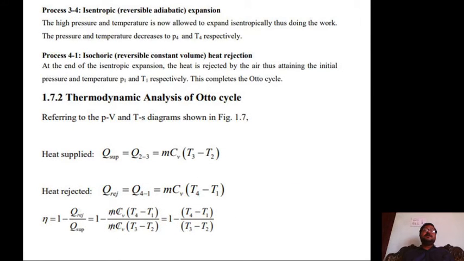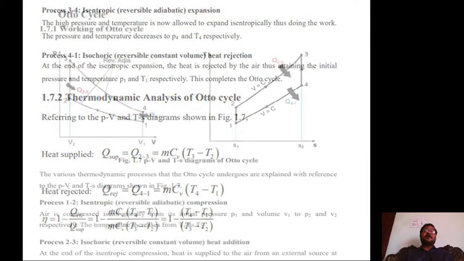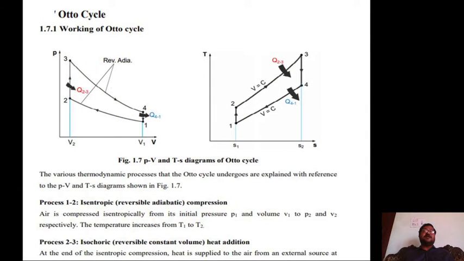3 to 4 is a reversible adiabatic expansion process. If you come to this reversible adiabatic expansion process, 3 to 4, V4 is more, and V4 and V1 are the same because it is a constant volume process.